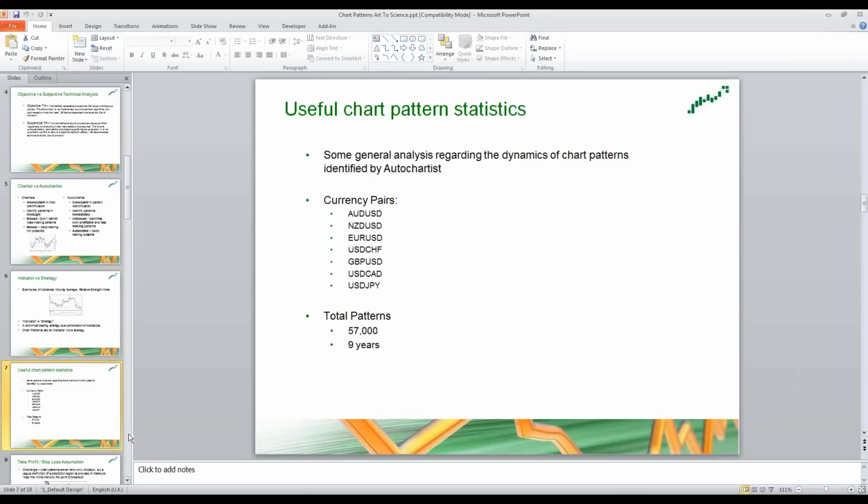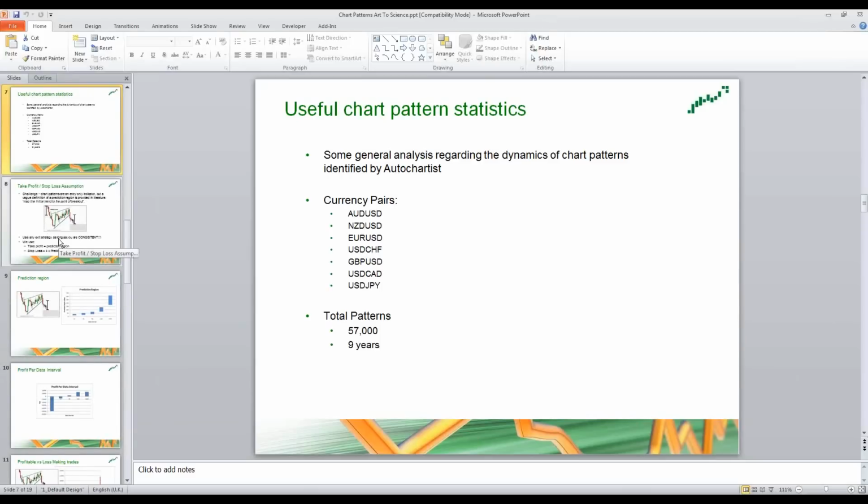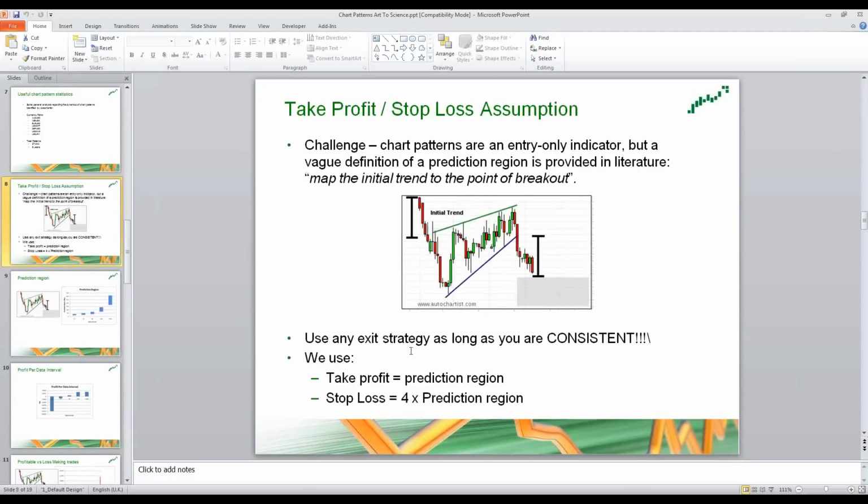We did a 9-year study over 57,000 patterns on the major currency pairs. What we did is we tried to build a trading system in order to see where the profitability actually lies and how we can improve it by adding additional indicators into the equation.